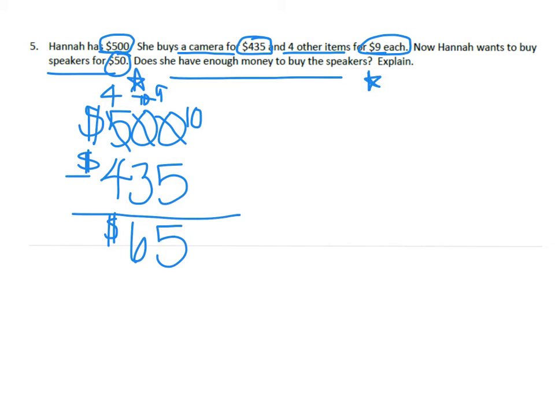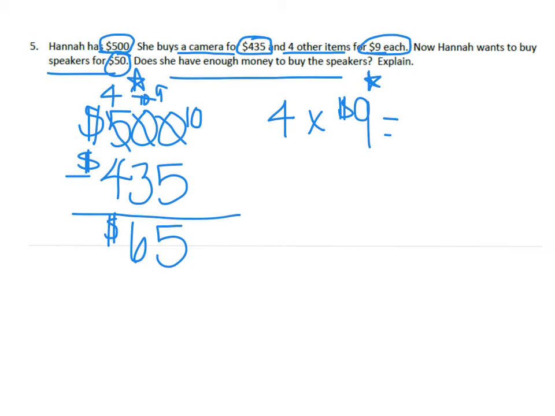Now it says that she is buying 4 other items for $9 each. Well, that means that there is $9 4 times added. So do you remember your 4s?